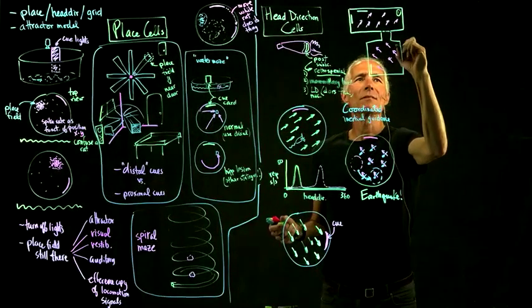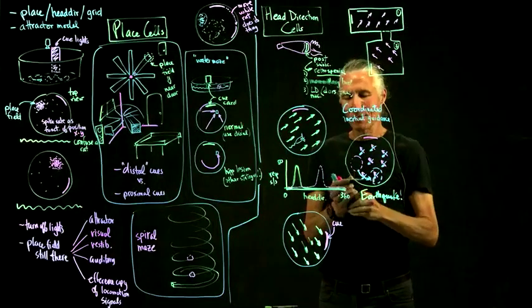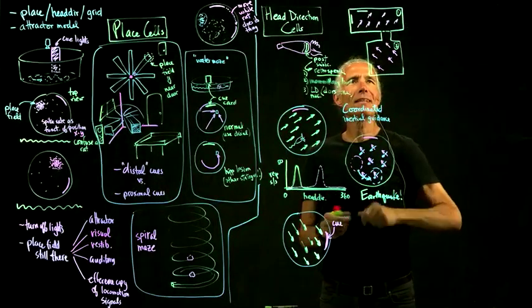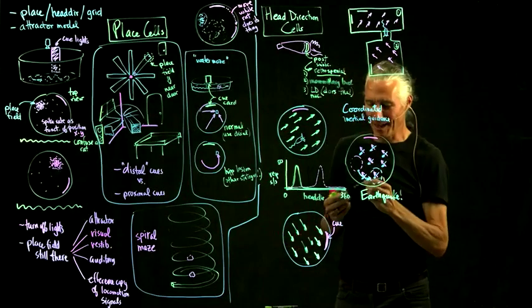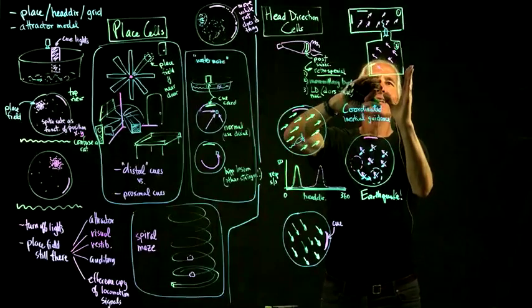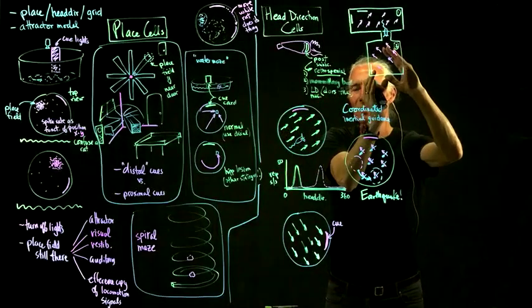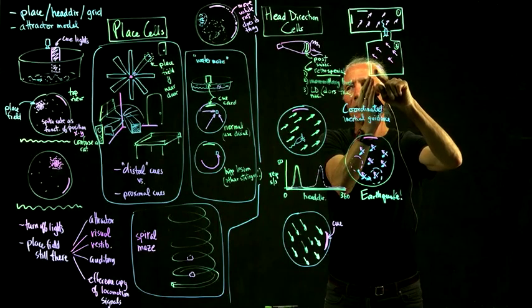So here's the first arena, second arena, and the rat goes through the door, and when it sees this other arena, it says, "Oh my, I'm not in the right place." And what happens? The head direction cells immediately rotate to the new compass orientation that's appropriate for the one they learned in this room.